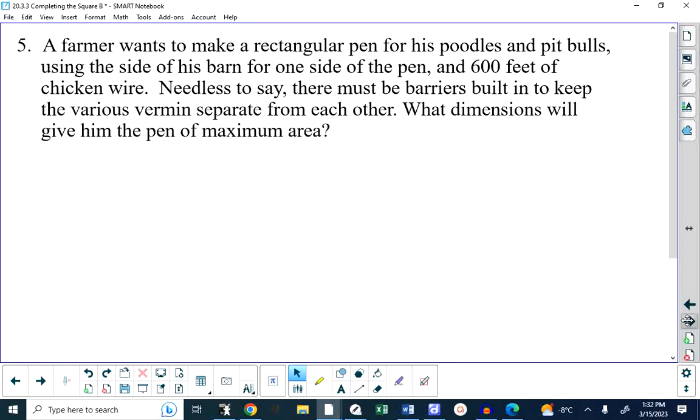This is another area question that's a little bit different than the ones we've looked at. A farmer has, I don't know why, poodles and pit bulls, using the side of the barn for one side of a pen and 600 feet of chicken wire. He wants to create a pen. So what this looks like is you've got a barn here.